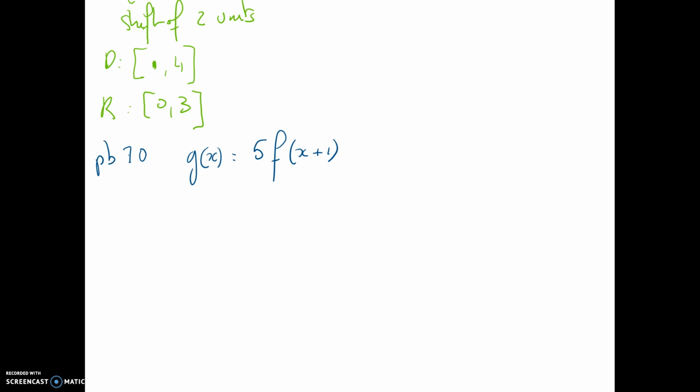I'm dealing with a shift to the left, because of the plus 1 right here. So that means I'm dealing with a shift to the left, and the 5 indicates that I'm dealing with a vertical stretch.